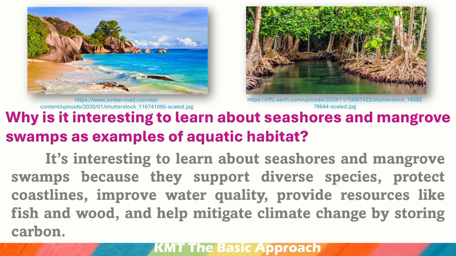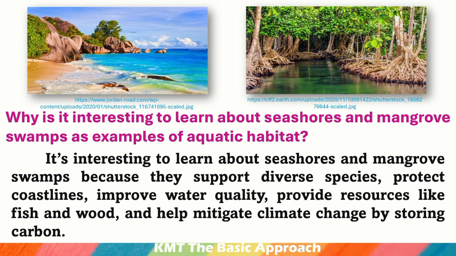Good job! It is interesting to learn about seashore and mangrove swamps because they support diverse species, protect coastlines, improve water quality, provide resources like fish and wood, and help mitigate climate change by storing carbon.